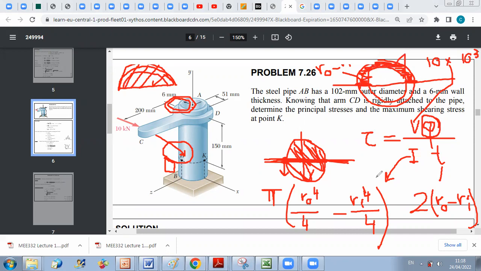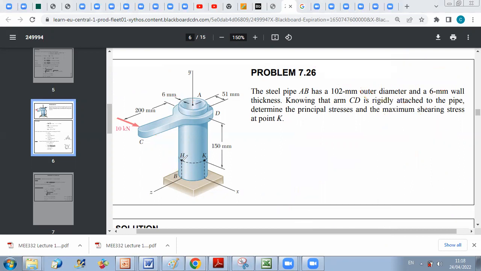Once I'm done, I can compute tau at this point. Okay, and now I can say that the shear stress resulting from the shear force on H is in this direction, and I know now its value. So this is tau created by, if you want, shear.